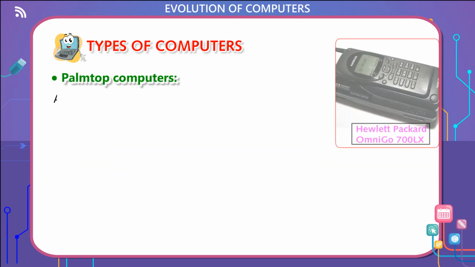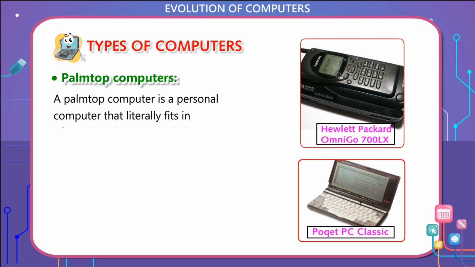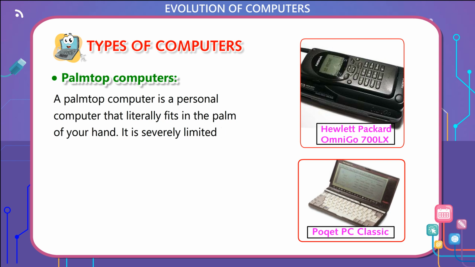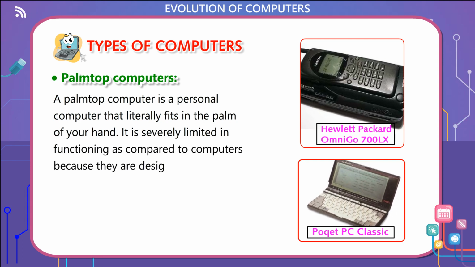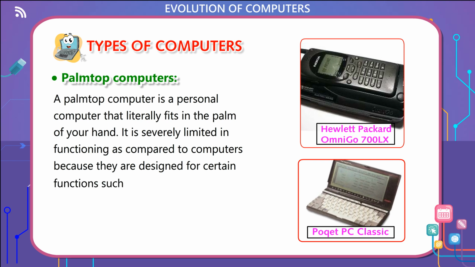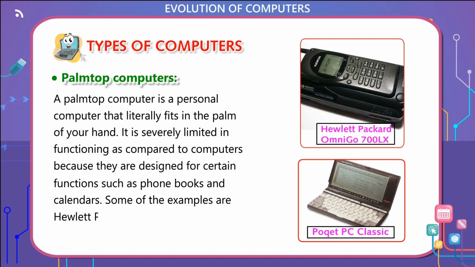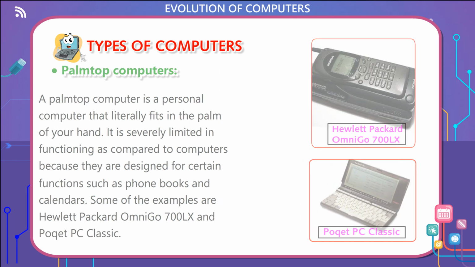Palm-top computers. A palm-top computer is a personal computer that literally fits in the palm of your hand. It is severely limited in functioning as compared to other computers because they are designed for certain functions such as phone books and calendars. Some of the examples are Hewlett-Packard OmniGo 700 LX and Pocket PC Classic.